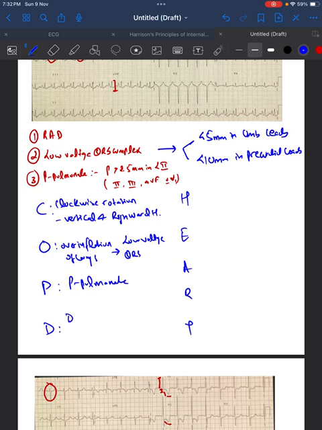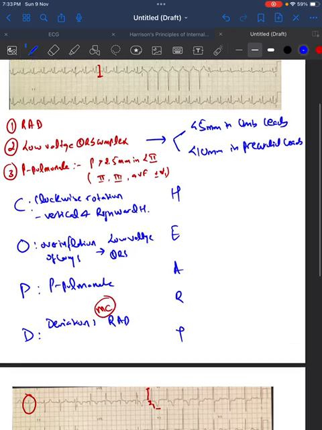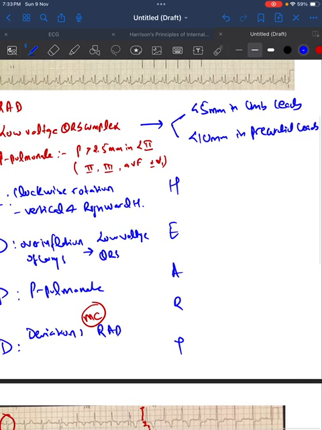D is for the deviation, which is RAD. And again, the most common ECG sign is the RAD, right axis deviation. Then H for hypertrophy, that is RVH.